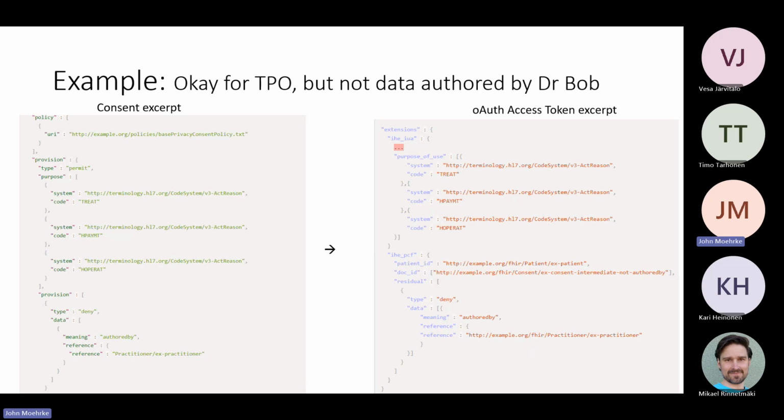That makes sense. So obviously, when it comes to an access control decision, it can't be a yes, go ahead, give them everything. You have to somehow tell the enforcement point also that you're okay to do treatment, payment, and operations.